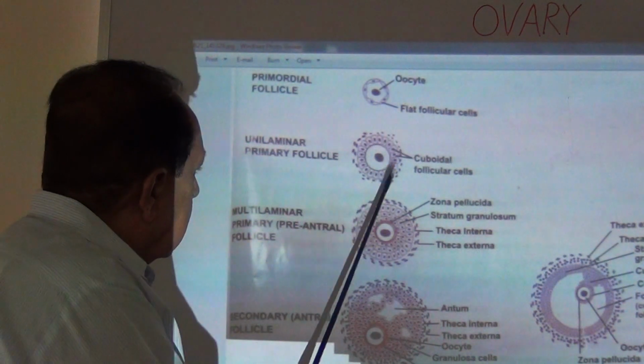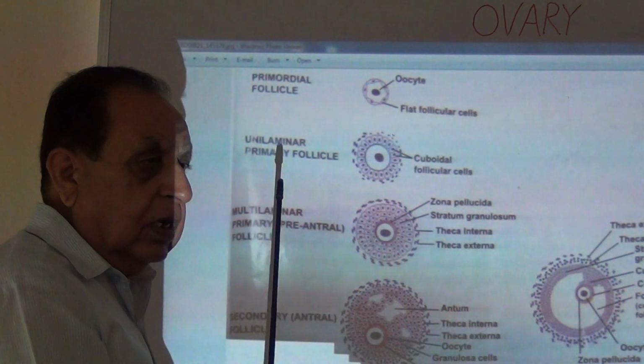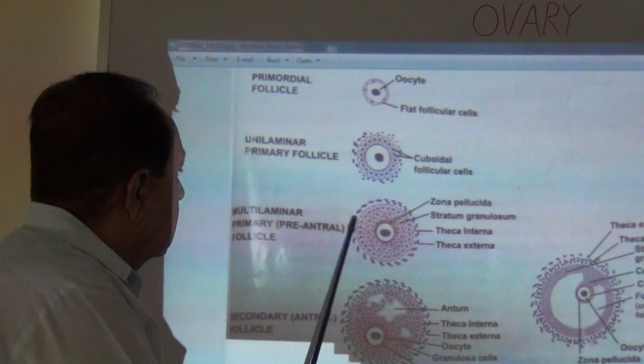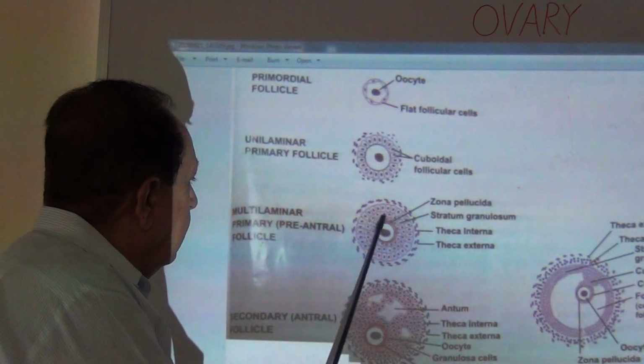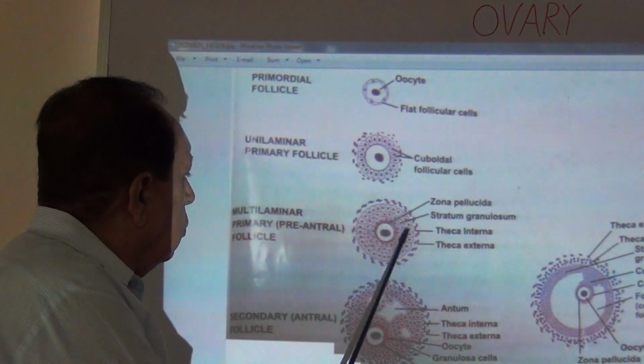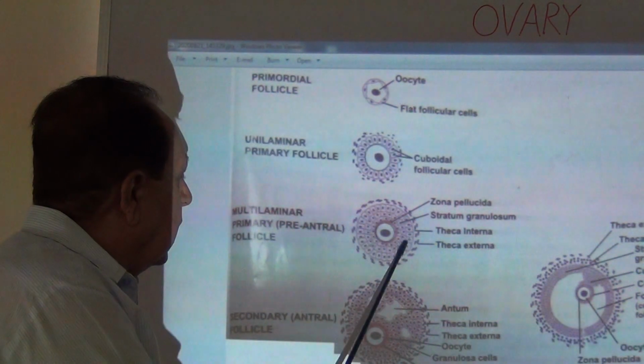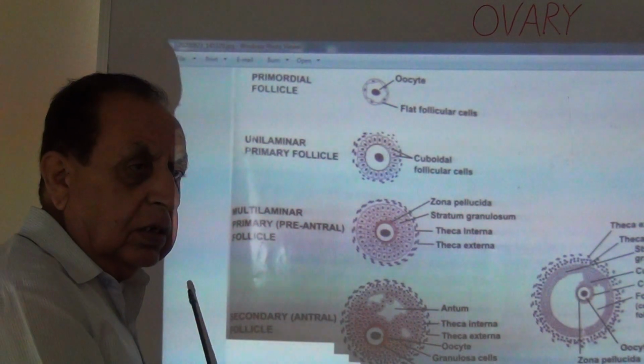So then in this primary follicle, the epithelium proliferates, so many layers are formed around the oocyte.